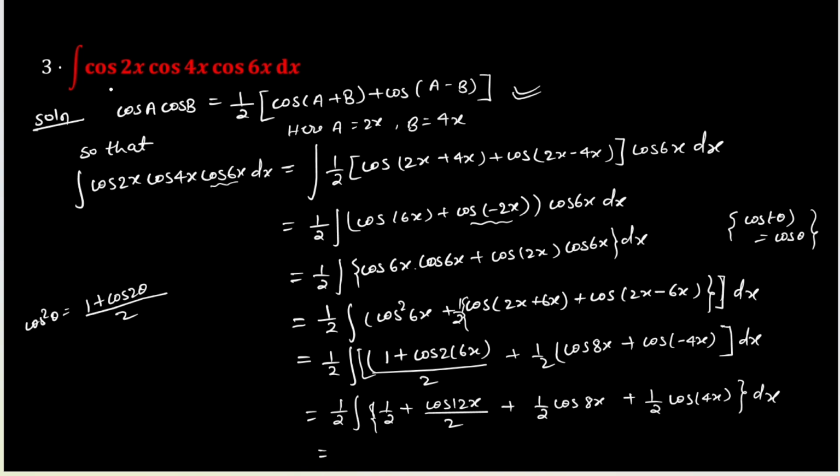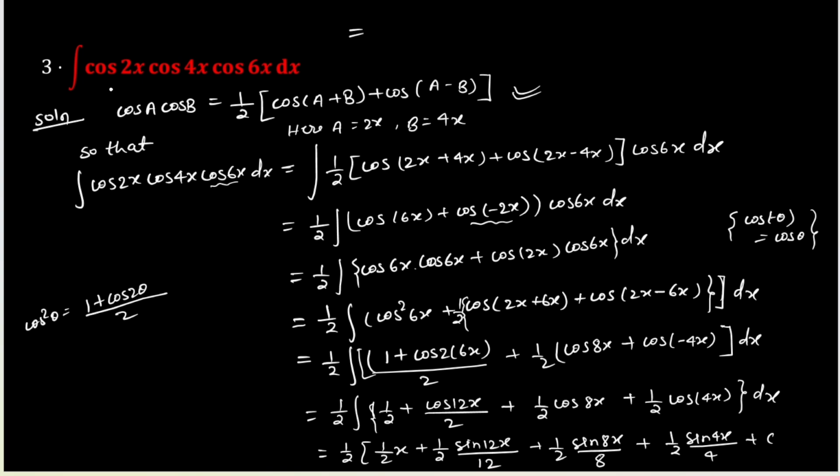Then we simplify and integrate: 1 by 2 x plus 1 by 2 times sin 12x by 12, plus 1 by 2 times sin 8x by 8, plus 1 by 2 times sin 4x by 4, plus c.